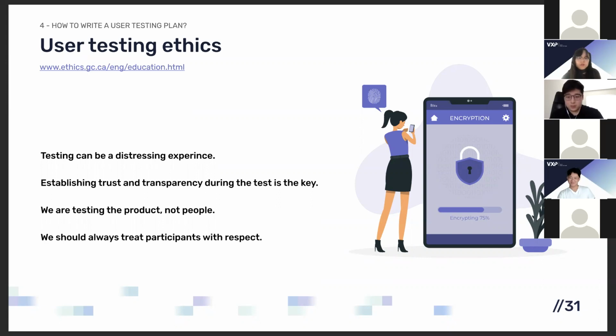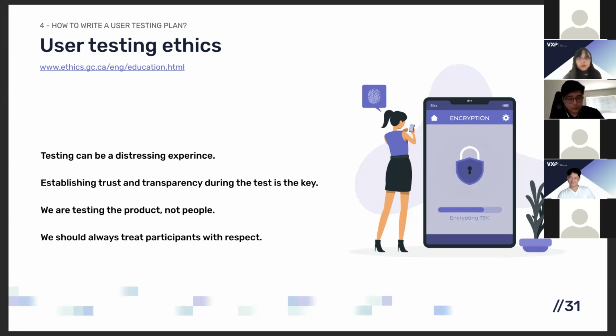Oftentimes participants feel the pressure to perform, and when they make errors, they get a little bit anxious. And when we use technology and run into errors, we always either blame ourselves or get really frustrated with the situation.